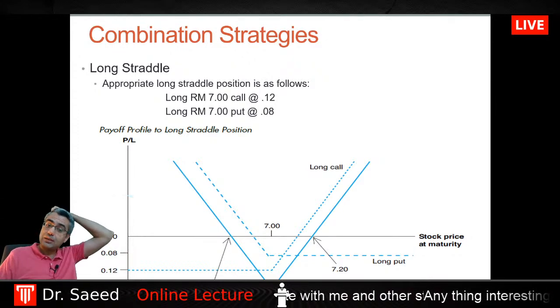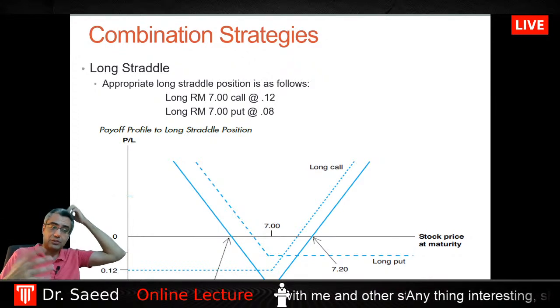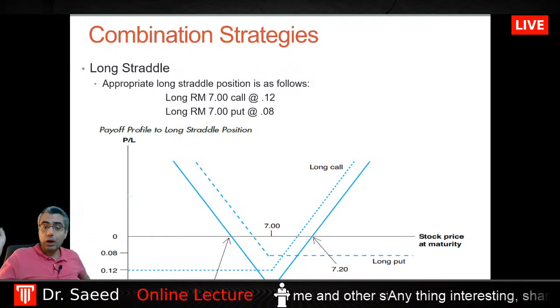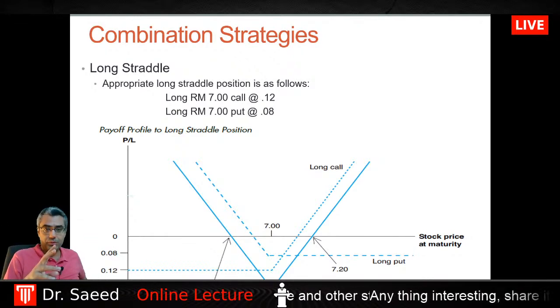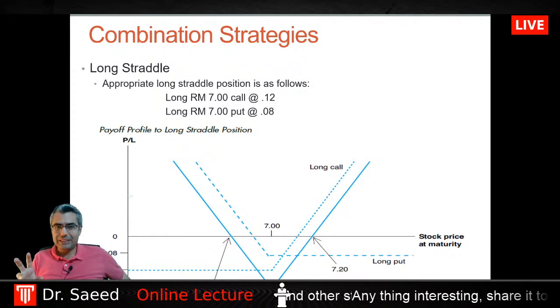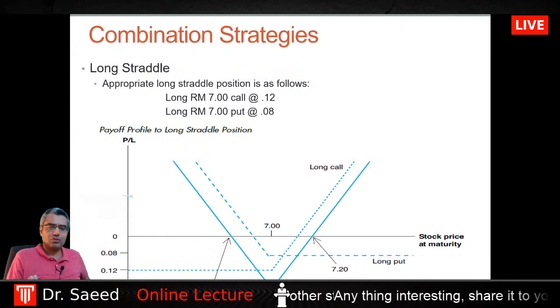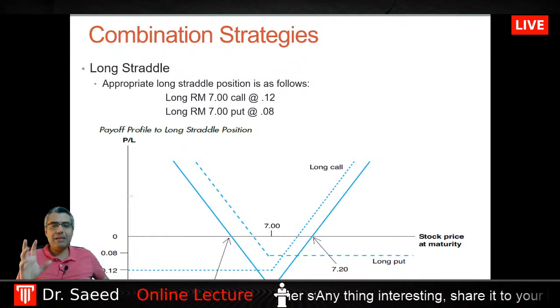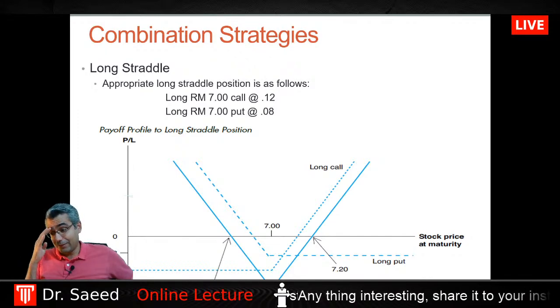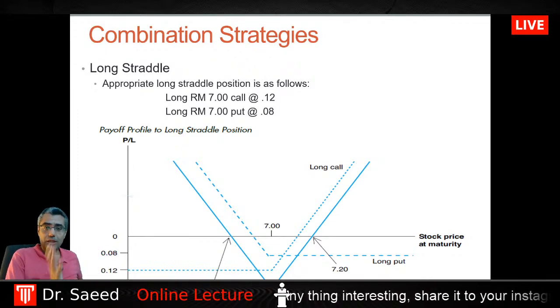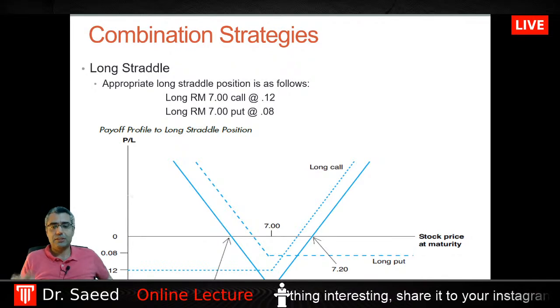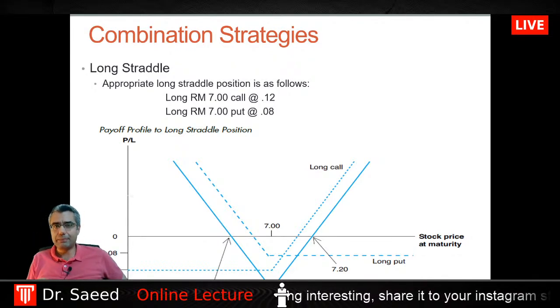Then in this case you may say the stock price, the underlying asset price, may go up or may go down. So there is an offer, right? So the company must decide. The takeover will happen or won't happen, right?